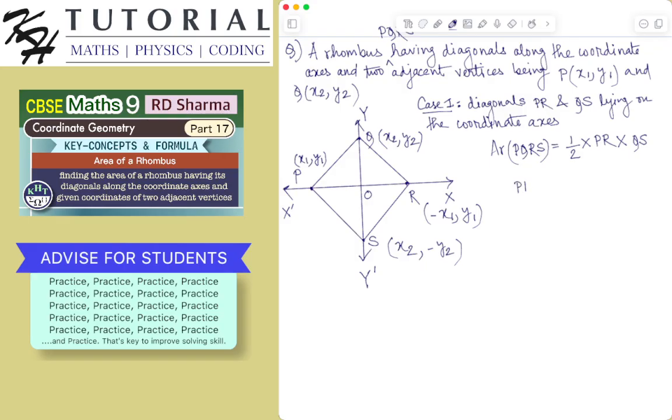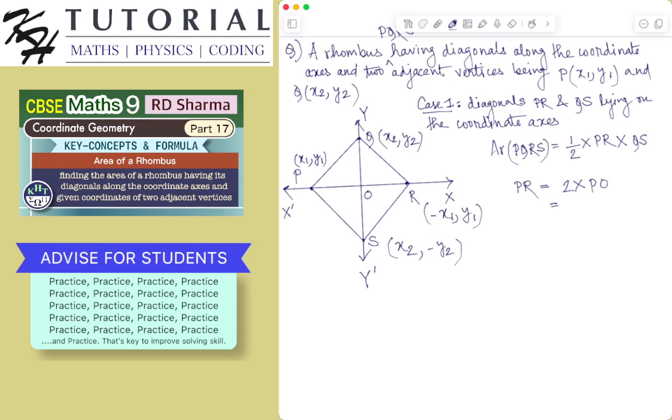What is PR? Since the diagonals PR and QS are bisecting each other at the origin O, obviously PR will be 2 times PO. Now what is PO?